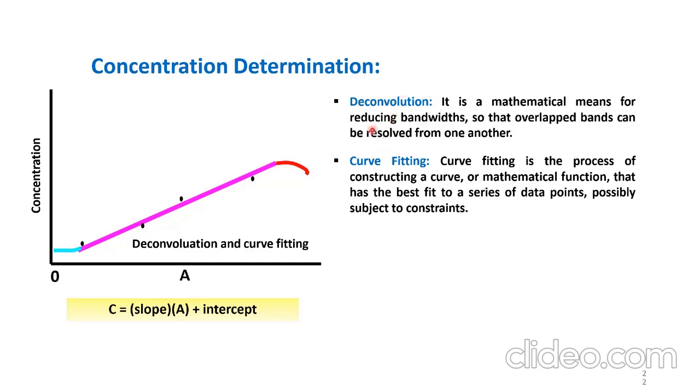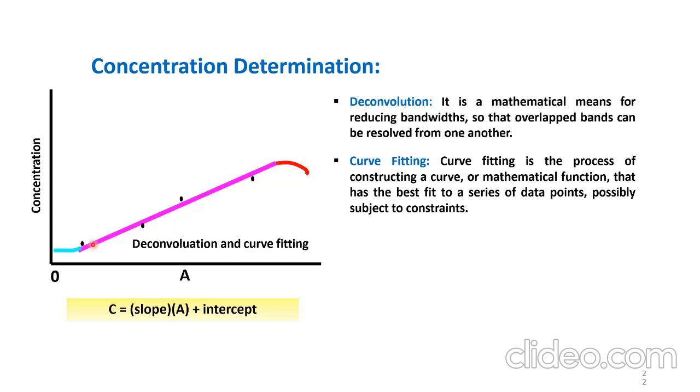Deconvolution is a helpful process and it is done mathematically in software like Origin or anything similar. And then we do the curve fitting also. It is a process of constructing a curve based on a mathematical function.